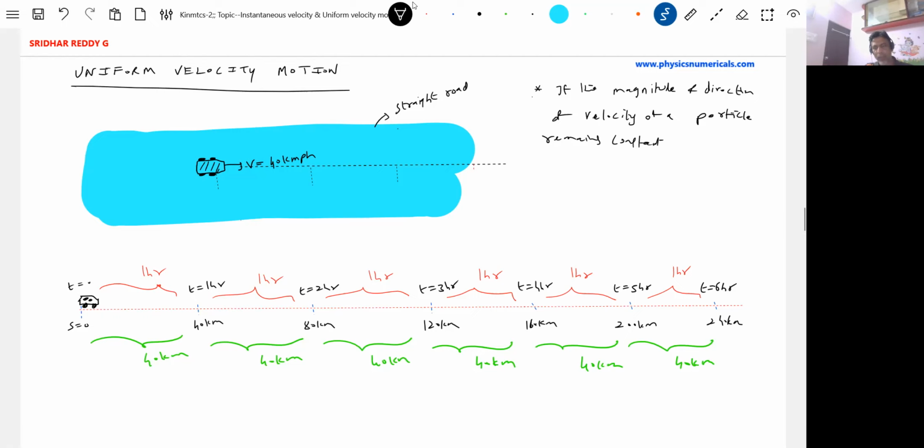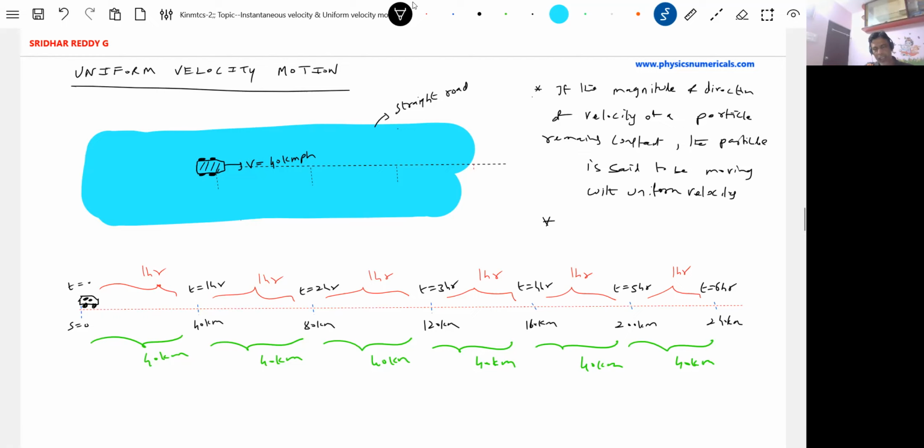It is said to be moving with uniform velocity.